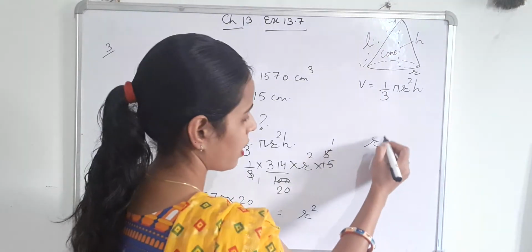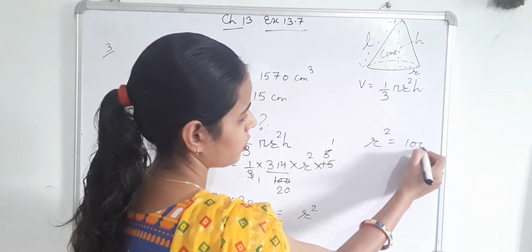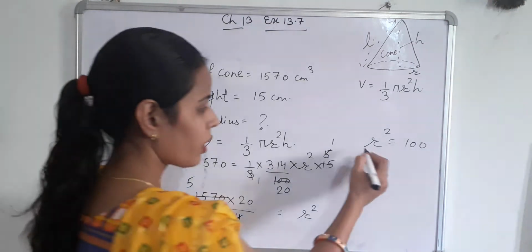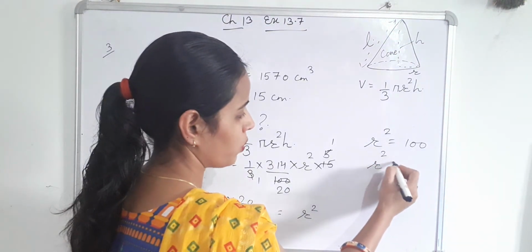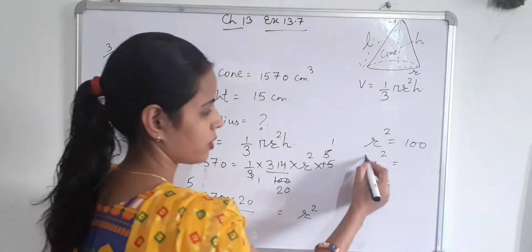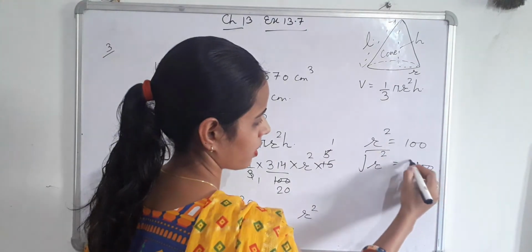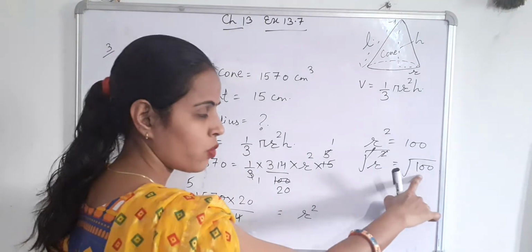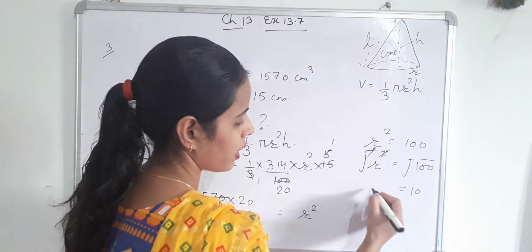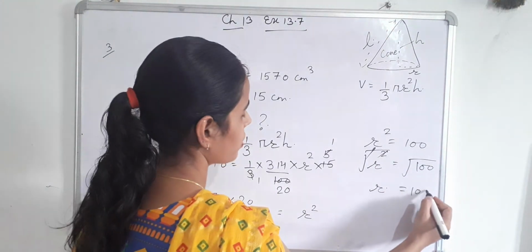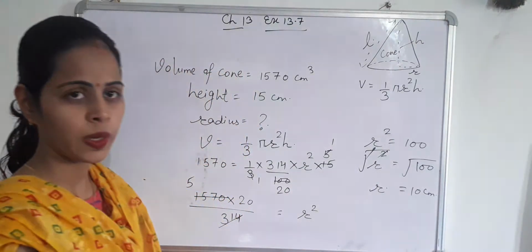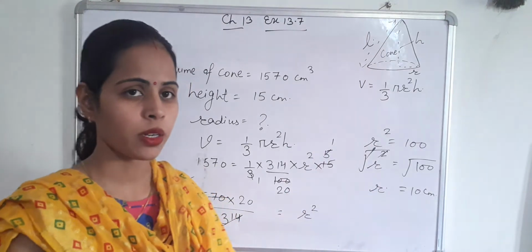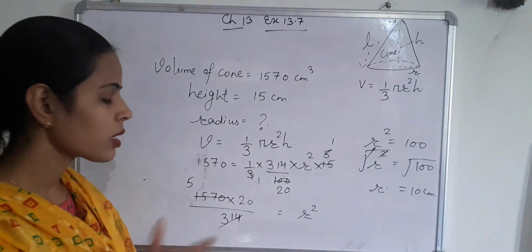R square equals 100. Taking square root on both sides, square root is cancelled by square, and square root of 100 equals 10. So our radius equals 10 centimeter. Radius of this cone equals 10 centimeter. Question number third is complete.